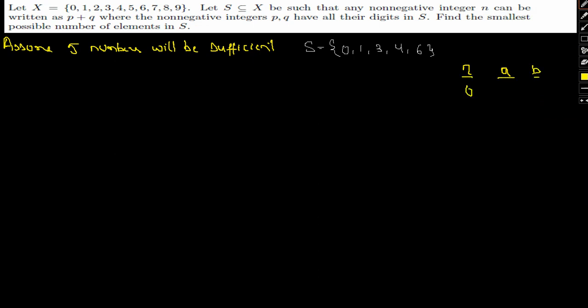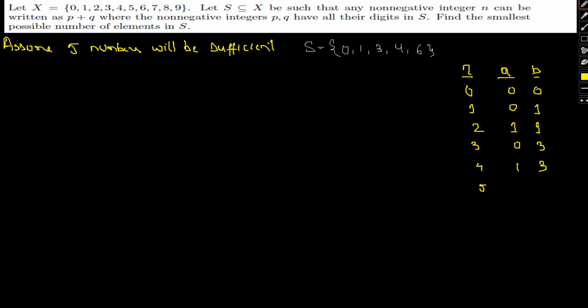Suppose for N equal to 0 we have A equal to 0 and B equal to 0, where A and B are elements of S. Subsequently, for N equal to 1 we have 0 and 1, again elements of S. For 2 we have 1 and 1. For 3 we have 0 and 3. For 4 we have 1 and 3.